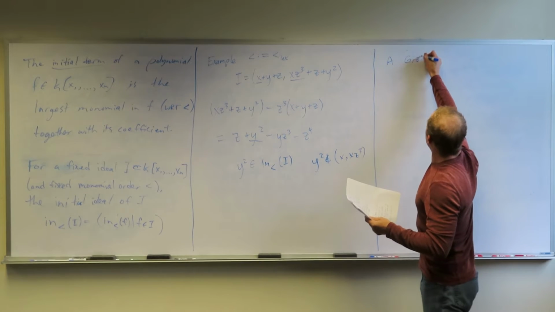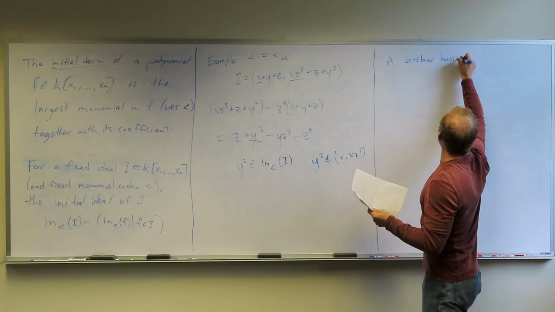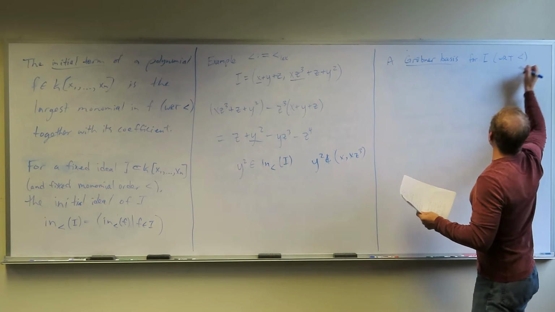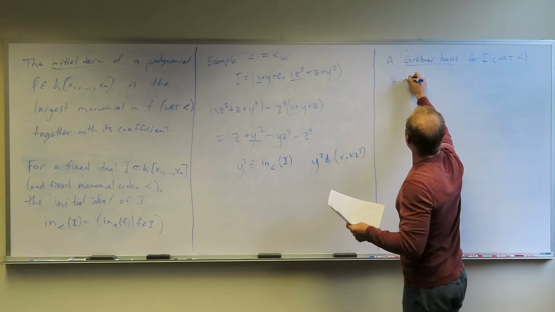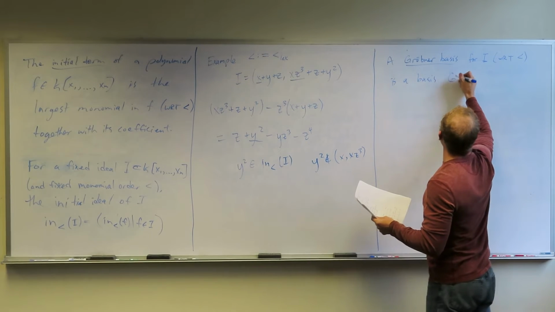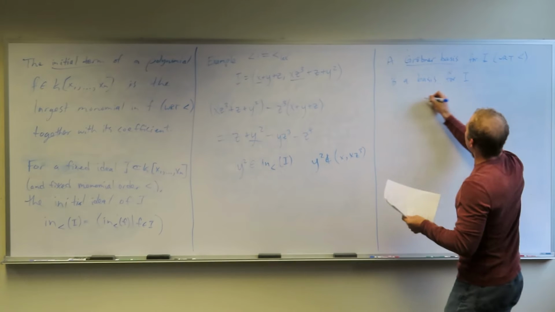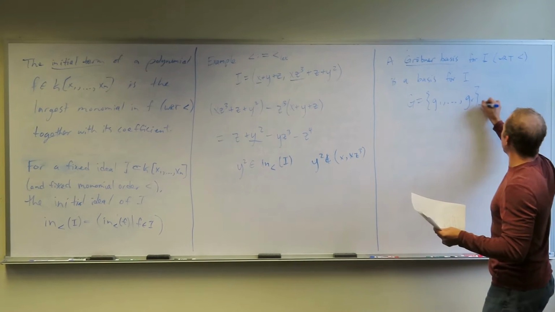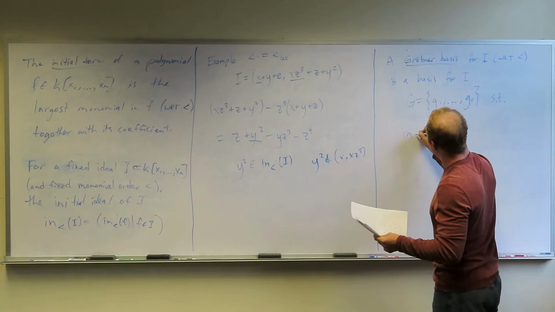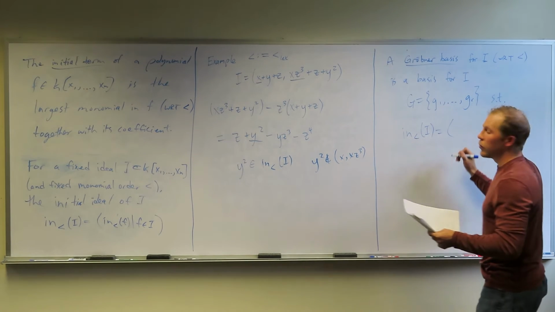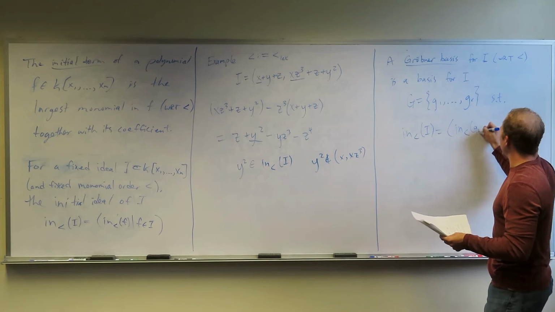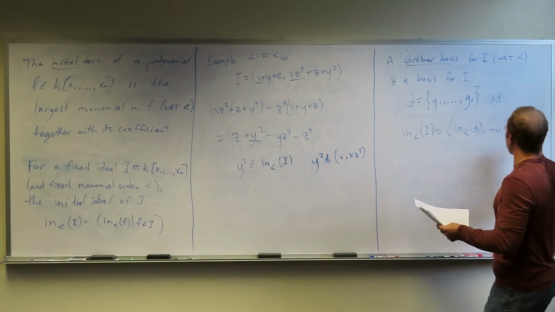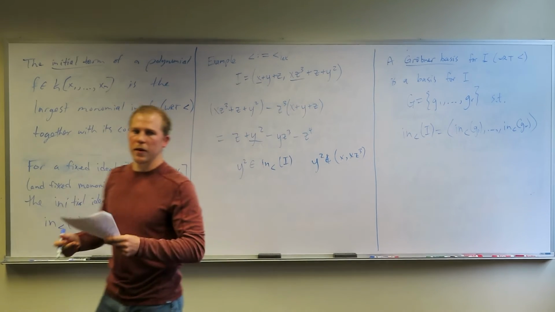And so the Gröbner basis for I, and again, with respect to some monomial order, is, well, it's a basis for I. So some list of polynomials, G1 through GR, such that the initial ideal of I really is just generated by the initial terms of the generators. And so it's just defined to be the thing that works.